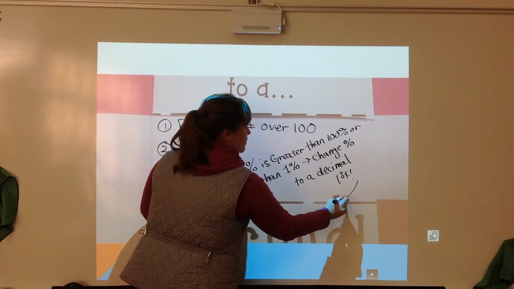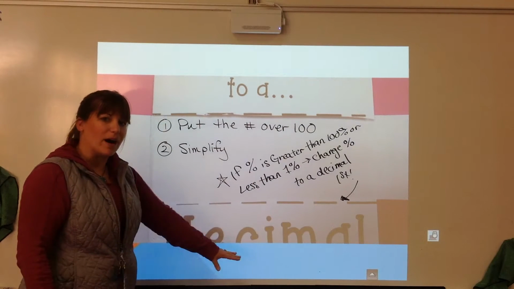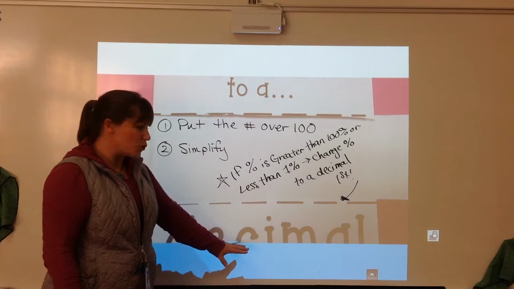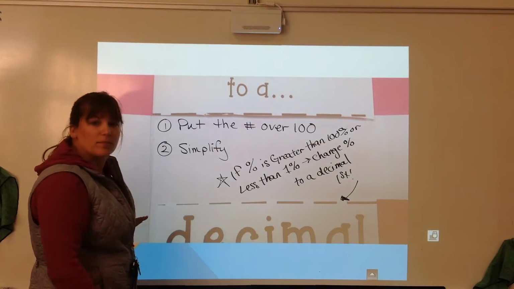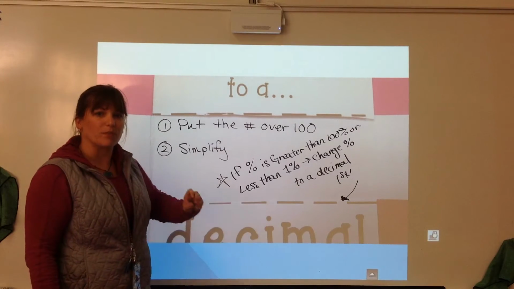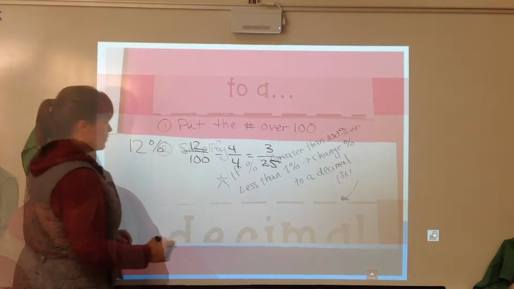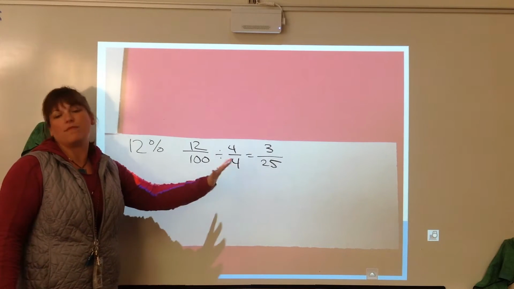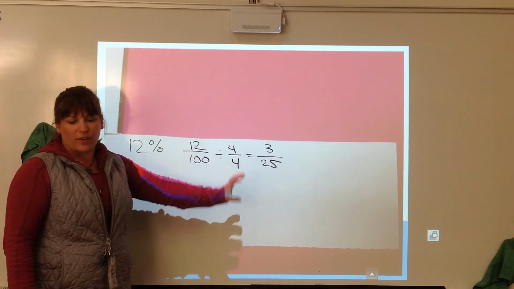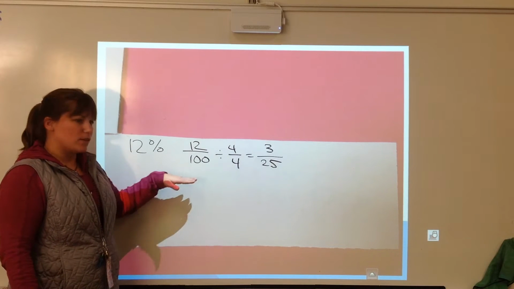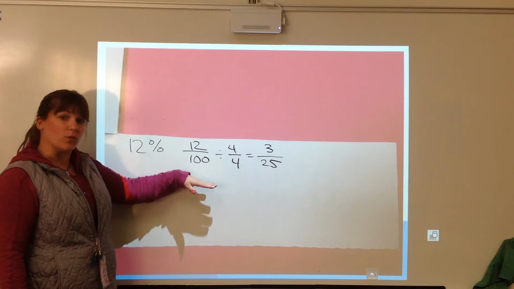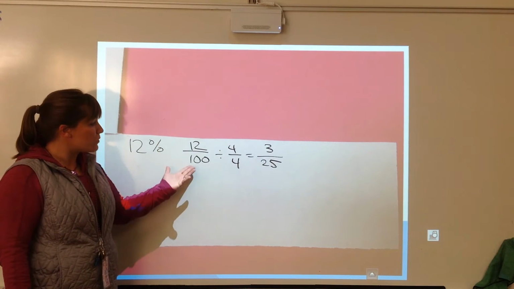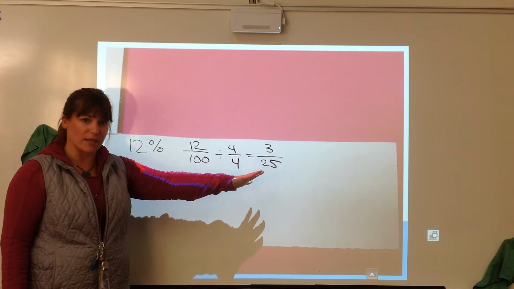And that is the very bottom little door where we're converting percents to decimals. You can look at that. This is the back of that little fraction door where you have an example already, but that was the only one we did. 12%, we put it over 100, and then we simplified.